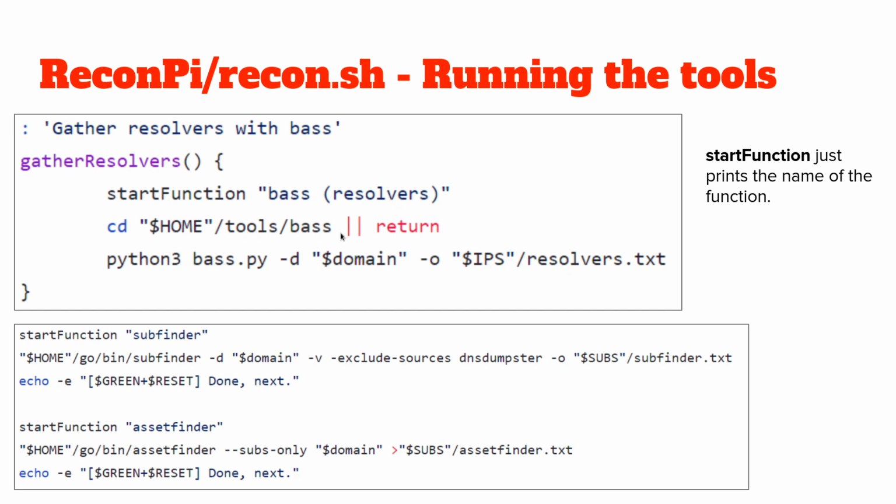And lots of the tools are essentially run like this, as a little function with some kind of logging detail. Stuff to note, like cd into home/tool/base or return, which is kind of interesting in terms of how we're structuring this giant batch script. So here is how they're automating printing out messages and resetting the color on the terminal.